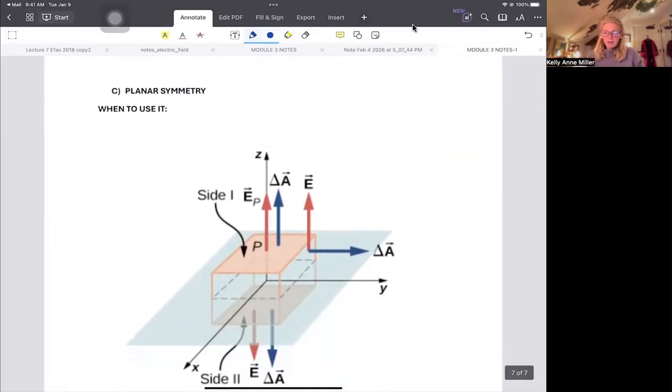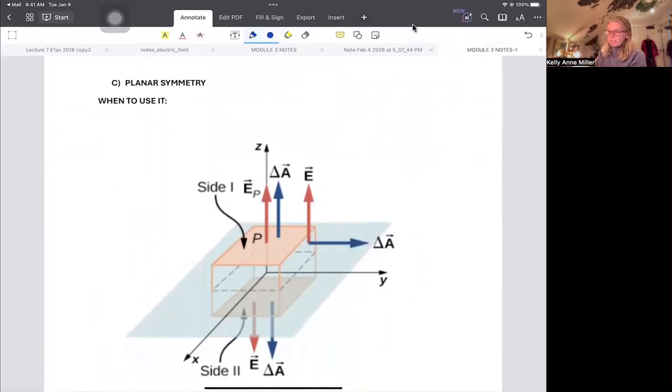Cylindrical geometry. Okay, the last one to do is the planar symmetry. So when do you use this one?